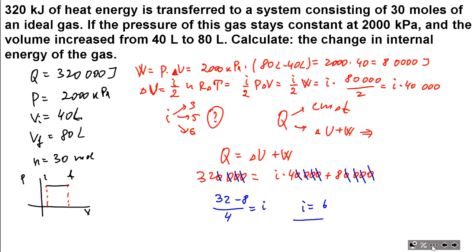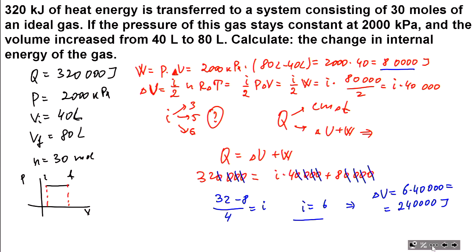Well, we have to finish the calculation now. For example, now we can calculate delta U. It will be equal to 6 times this, which is 4 zeros joules. And of course, we're done.